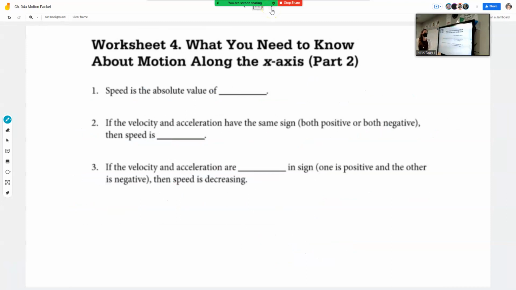Let's go ahead and go to worksheet number 4. Answer key posted Sunday night. Worksheet number 4. There's one more big idea in motion, but these are going to be some quick fill-ins. You ready? Worksheet number 4. Yeah, Josh. So worksheet number 4, not worksheet number 3, right? Oh, is it not there in your packet?